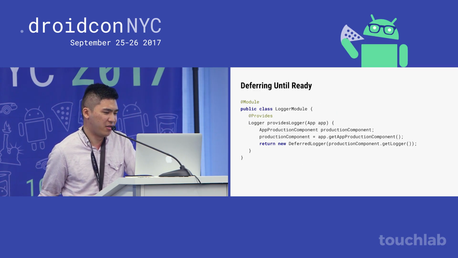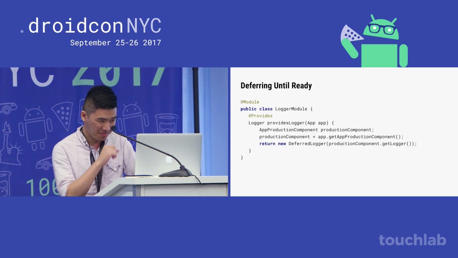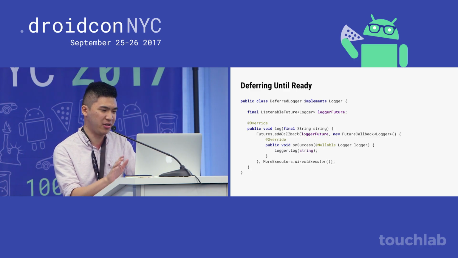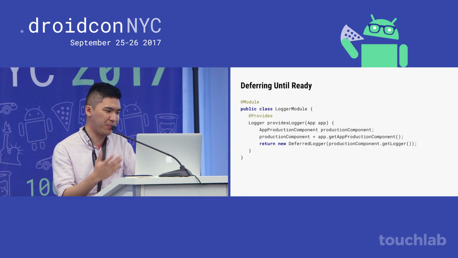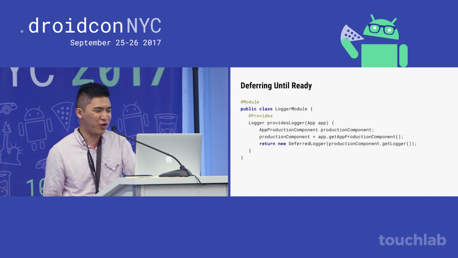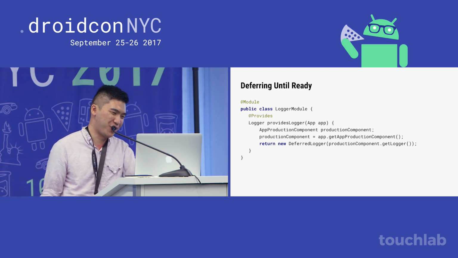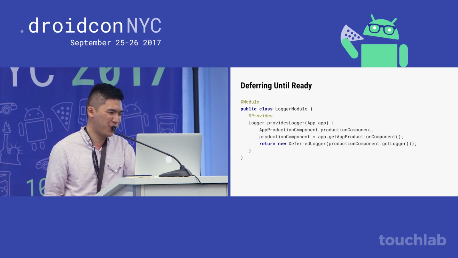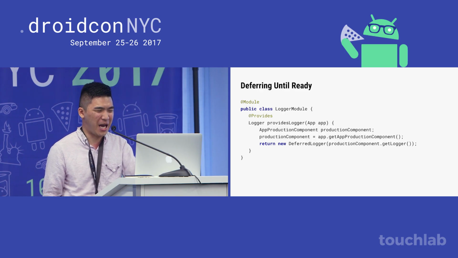And this is also maybe a little bit too clever, but because your logger was being created in a background thread, it has to be @Produces and so on. Well, if you still want to inject your logger, you can create another module, a main thread module, where you go and grab the app production component and create.